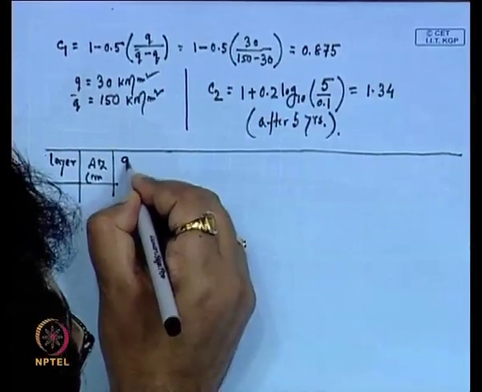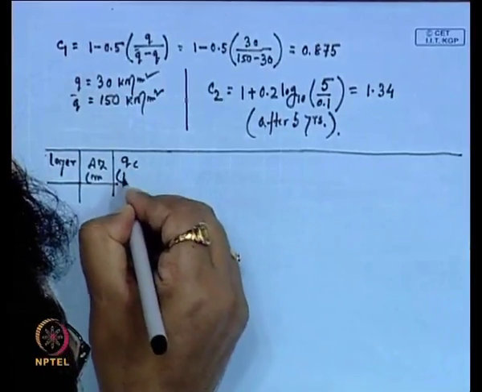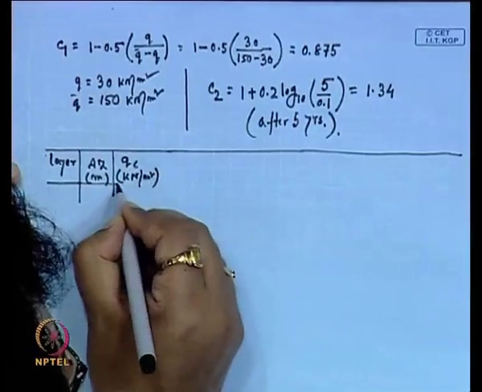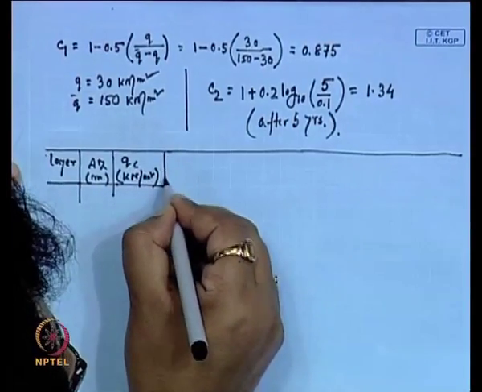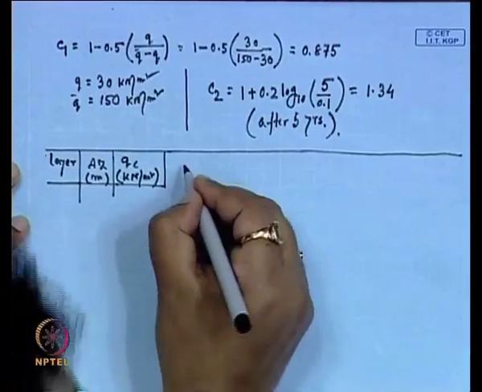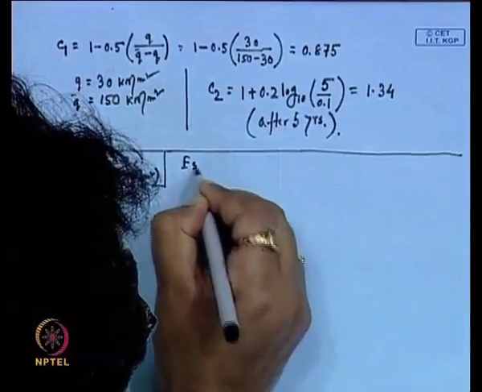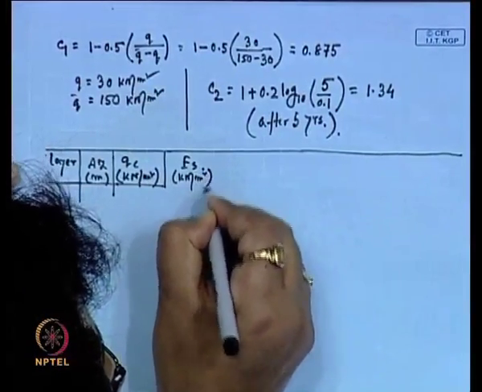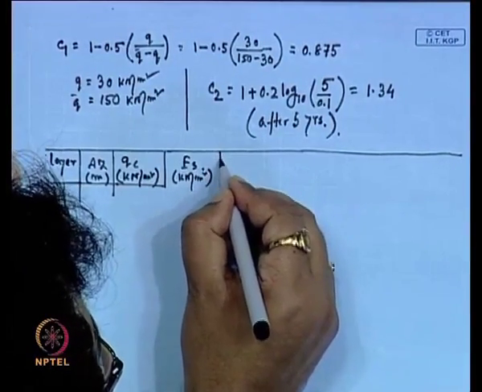This is the Q c value, Q c is the static cone resistance value in each layer. E s is in kilonewton per meter square, the elastic modulus.